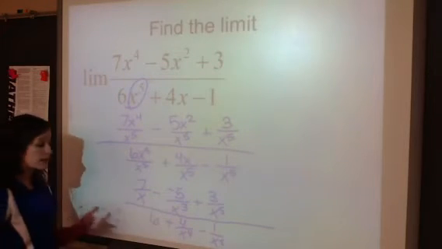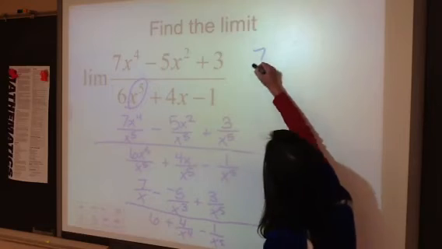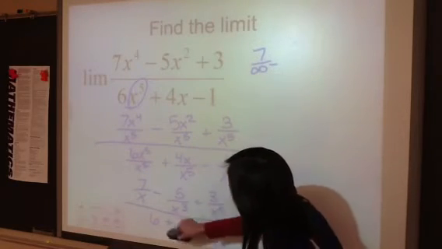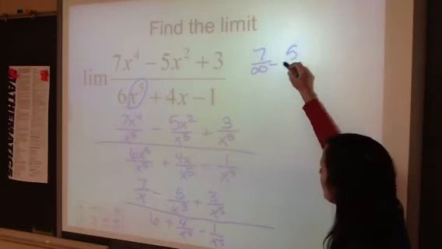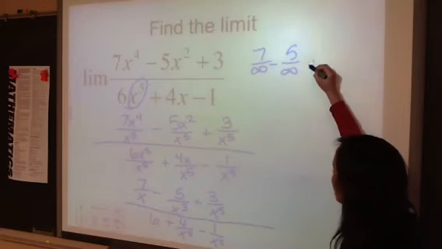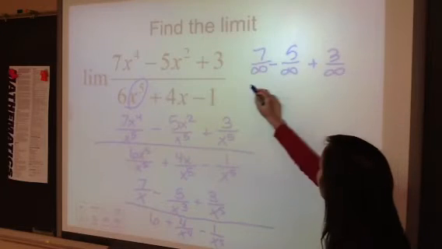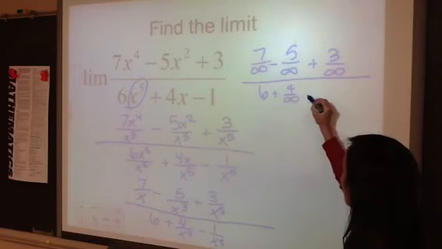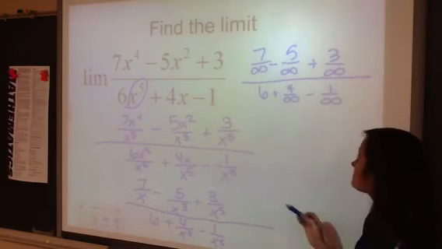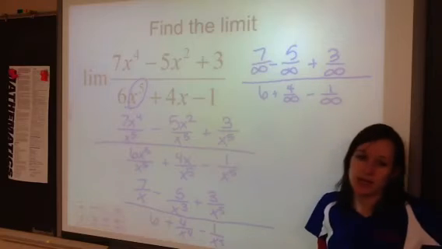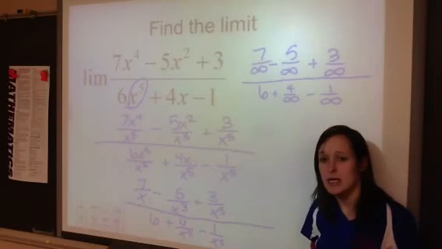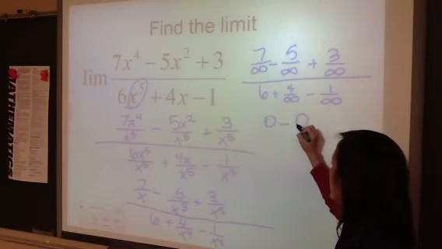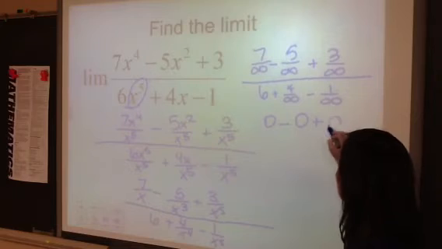Now we're going to plug in infinity. So we have 7 over infinity minus 5 over infinity plus 3 over infinity, divided by 6 plus 4 over infinity minus 1 over infinity. 7 divided by a big number is going to be 0. 5 divided by a big number is 0. 3 divided by a big number is 0.